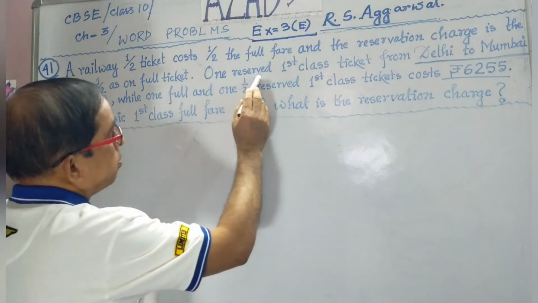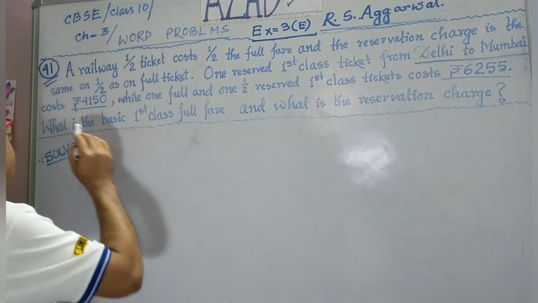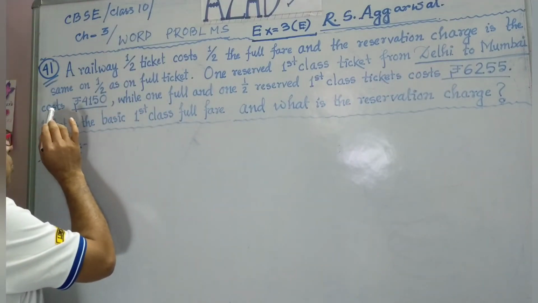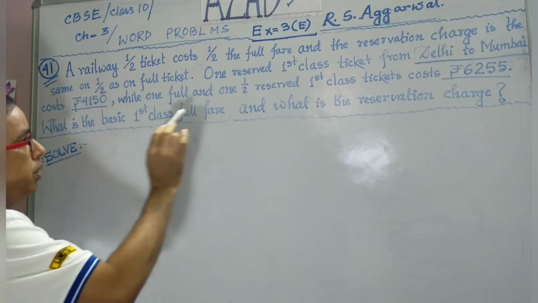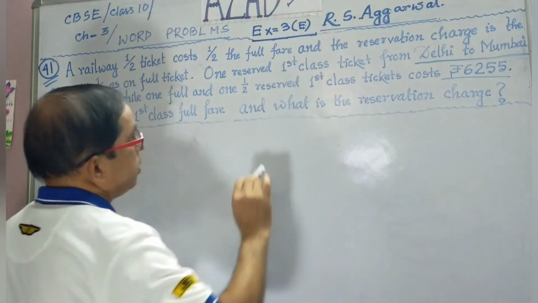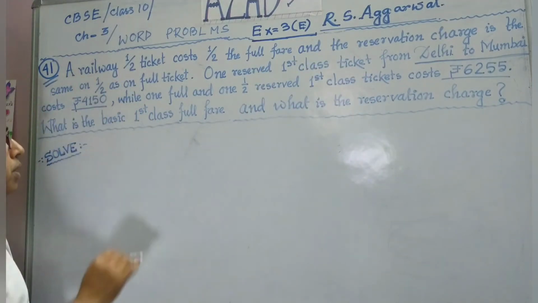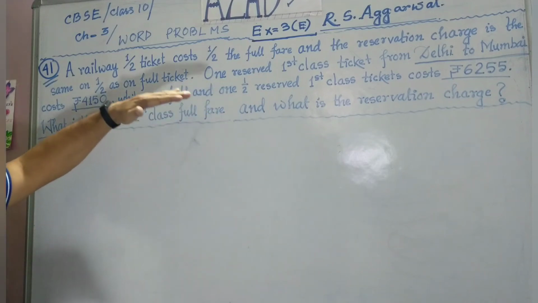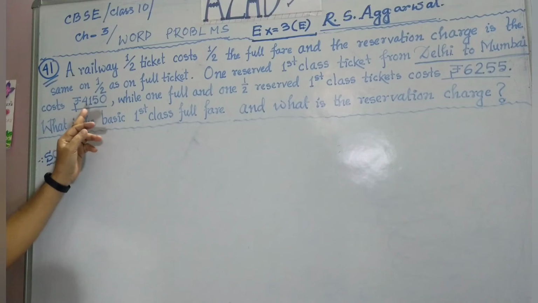Someone reserved first class ticket from Delhi to Mumbai and he has to pay a cost of rupees 4150. Only for a first class full ticket he has to pay rupees 4150. That means in this ticket he has to pay the price of the ticket and also the reservation charge.